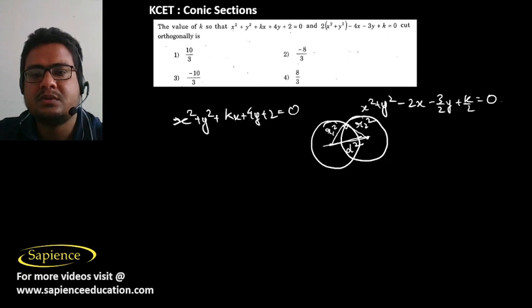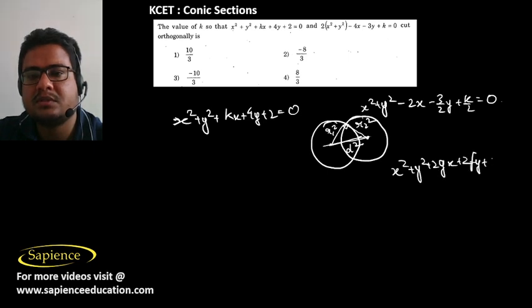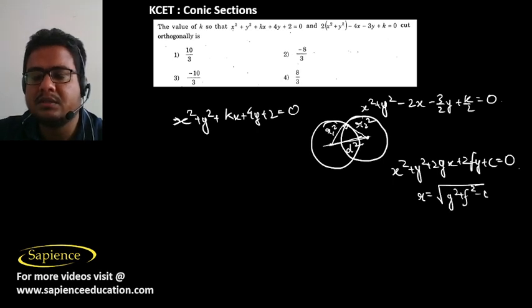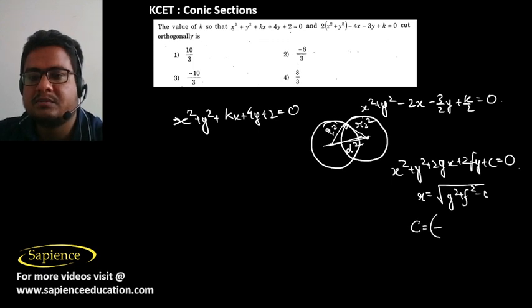Now we know that if the equation of the circle is x square plus y square plus 2gx plus 2fy plus c equal to 0, then the radius is given as square root of g square plus f square minus c, and the center will be given as minus g comma minus f.